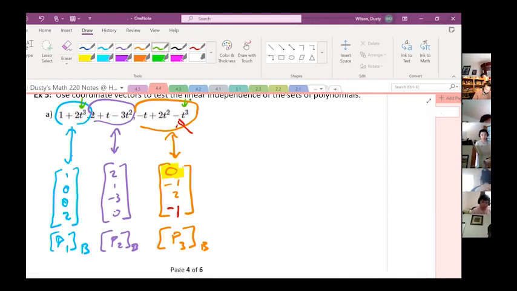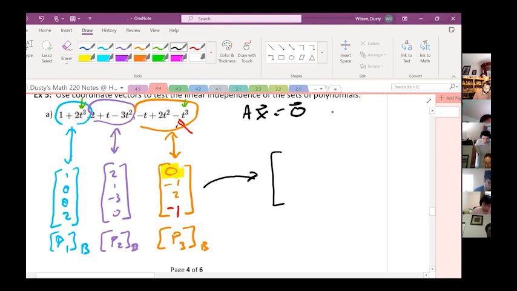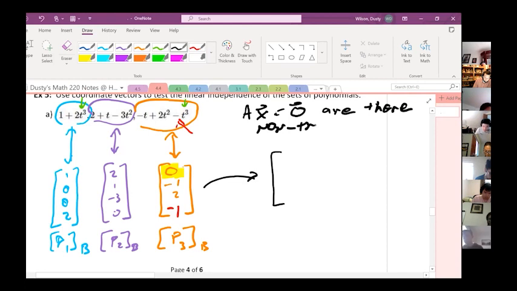Very good. All right, so if we want to know if these are linearly independent, we could try to solve some system. We could say, remember, you could solve Ax equals 0 and ask, are there non-trivial solutions? Okay, so we have 1, 0, 0, 2.